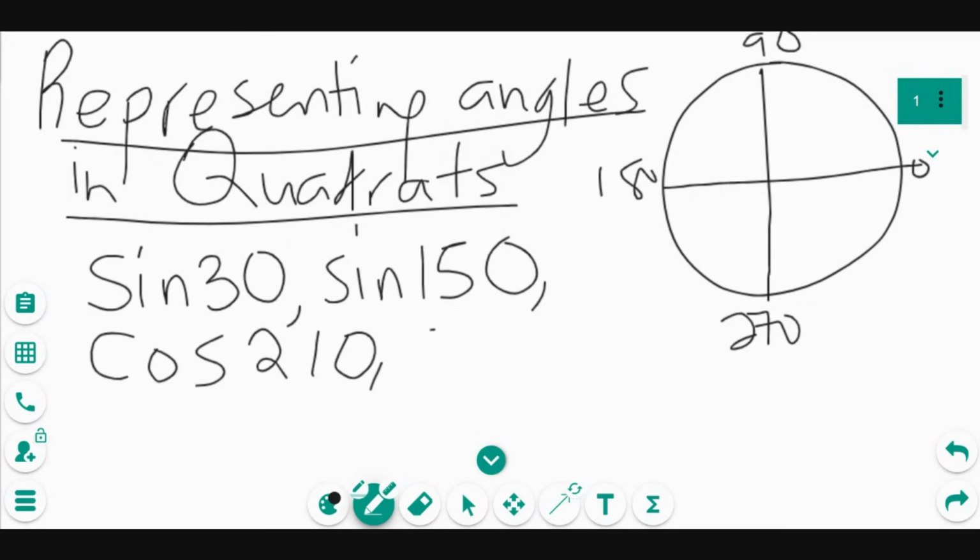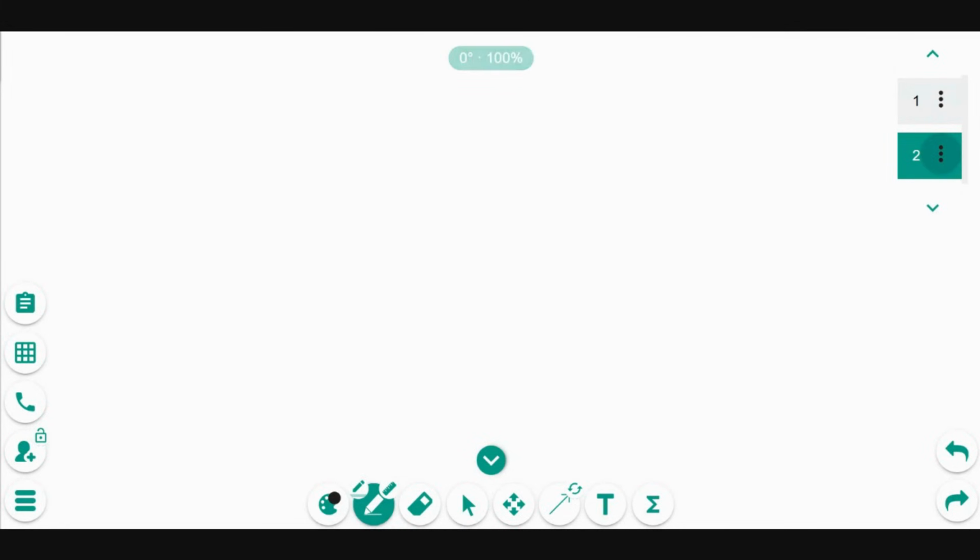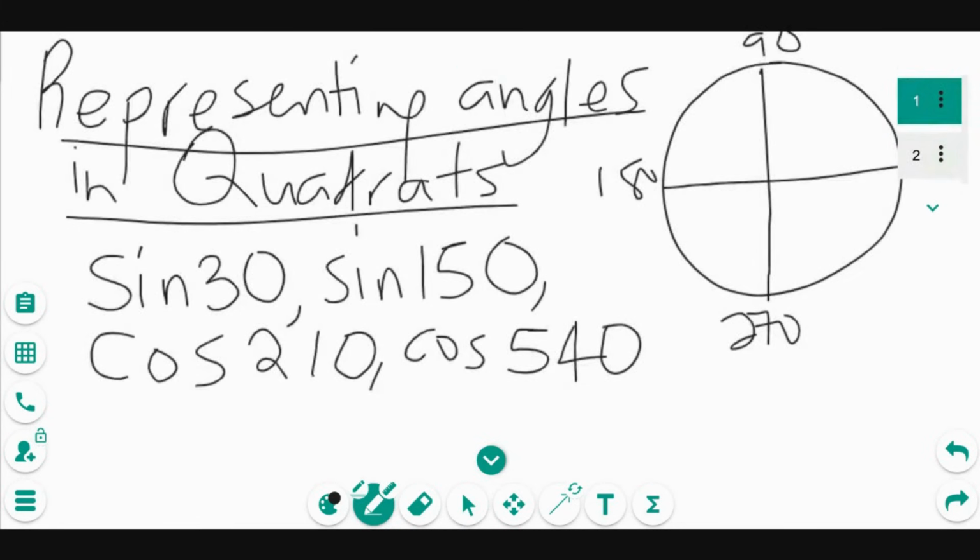We're also going to represent the cos of 540. Now remember, this quadrat begins from 0 degrees to 360 degrees, but we can use it to represent even angles that are bigger.